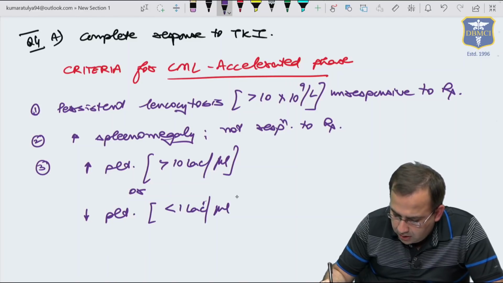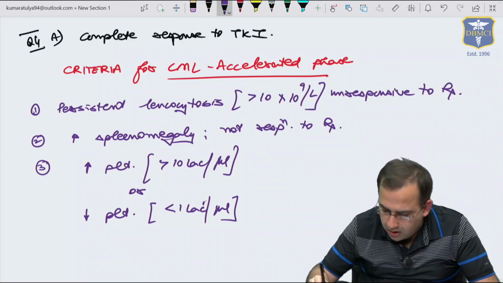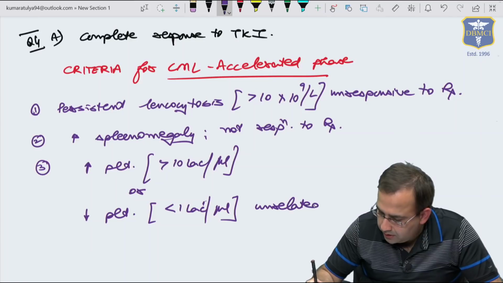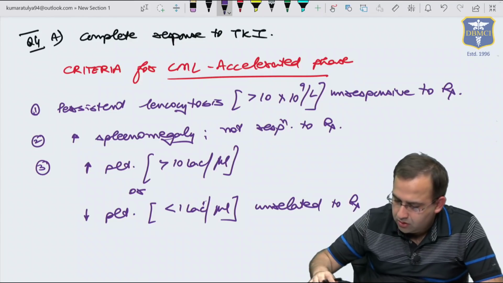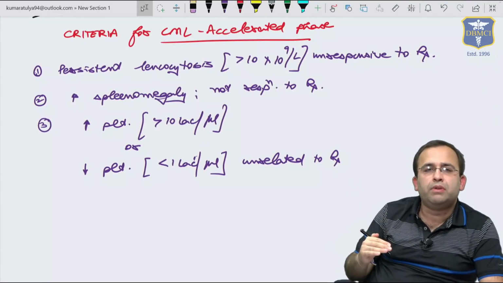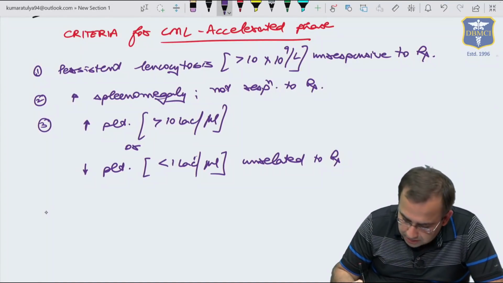More than 10 lakh or less than 1 lakh, that is either thrombocytosis or thrombocytopenia, unrelated to therapy.